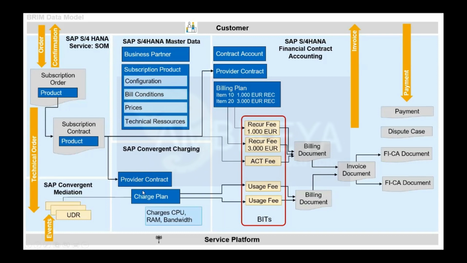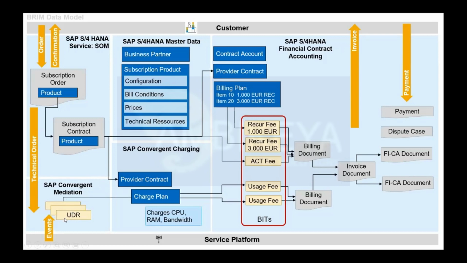Therefore, we have the structure of a charge plan assigned and also different charges for CPU, RAM, and bandwidth in our example. And with the upcoming usage consumption events, we call one data record a usage data record, UDR, which is the abbreviation.